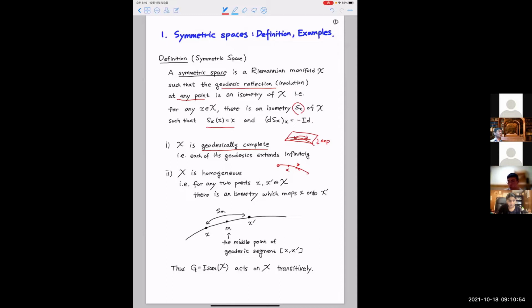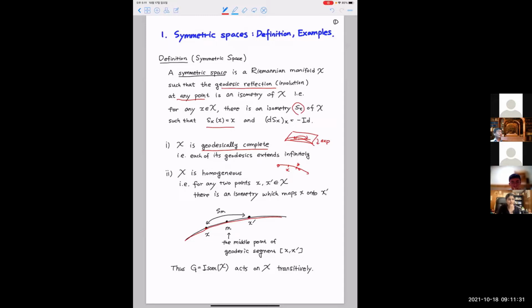If you have two distinct points X and X prime, then you can think of the geodesic connecting them, and the geodesic symmetry at the middle point of that geodesic segment gives the isometry which maps X onto X prime.